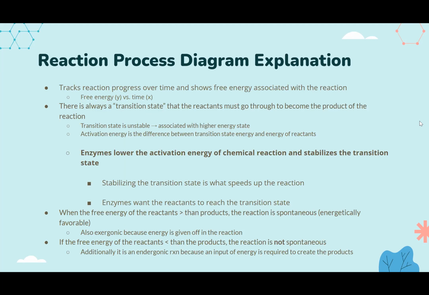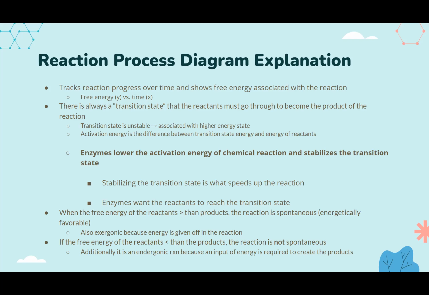Here we've got more of an explanation. The diagram itself tracks reaction progress over time and shows free energy associated with the reaction. The free energy is on the y-axis and time is on the x-axis. There's always going to be a transition state that the reactants have to go through to become the product of the reaction. The transition state is too unstable, which is why it's associated with the higher energy state.